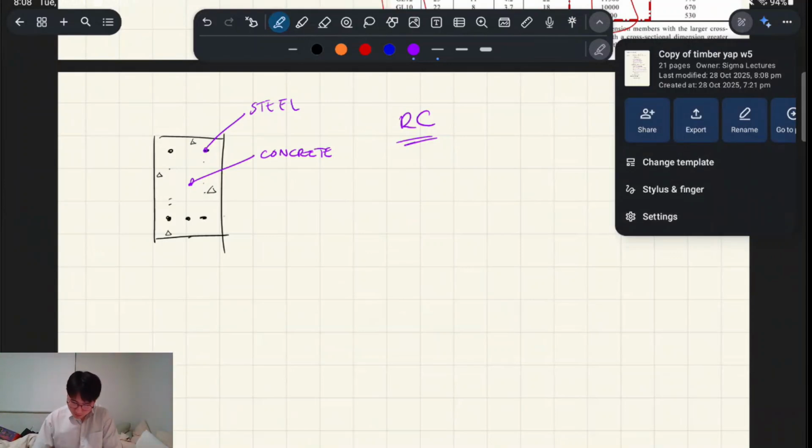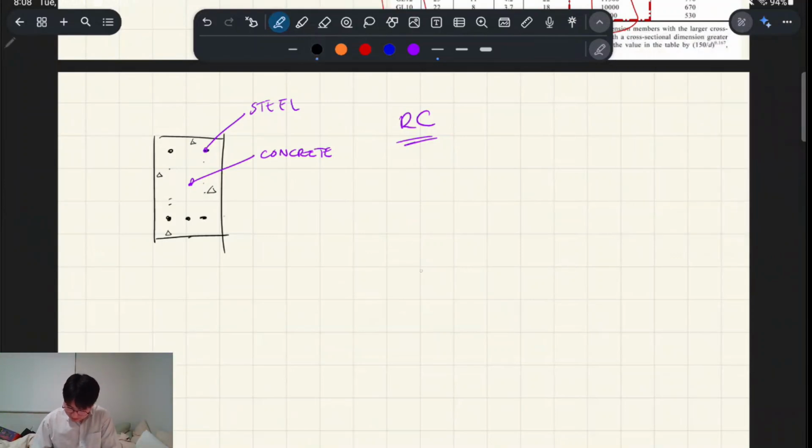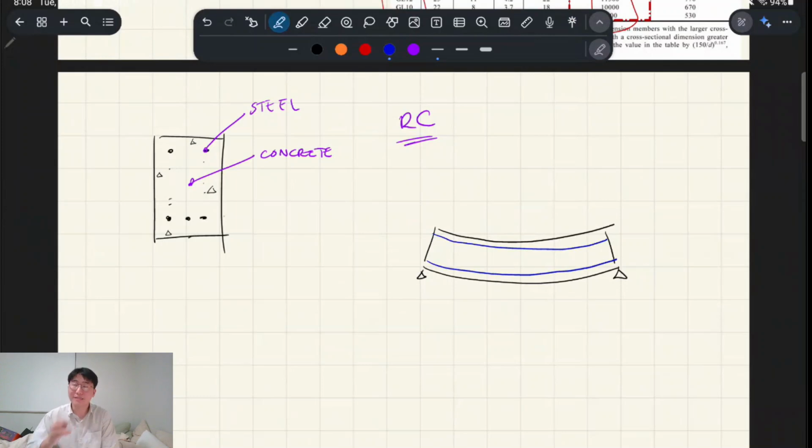And when we're analyzing it for deflection, I'm just going to draw the steel in blue. Basically, when you're doing concrete design, you have to assume that the concrete and the steel strain at the same rate, so they bend at the same rate.